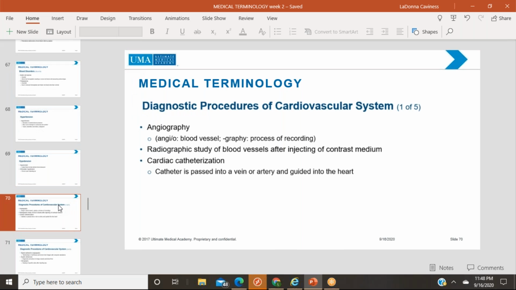Diagnostic procedures of the cardiovascular system. Angiogram. Angio refers to the blood vessels. Graphy, it's the process of recording. Radiographic study of blood vessels after injecting a contrast medium. Cardiac catheterization. Catheter is passed into a vein or artery and guided into the heart.